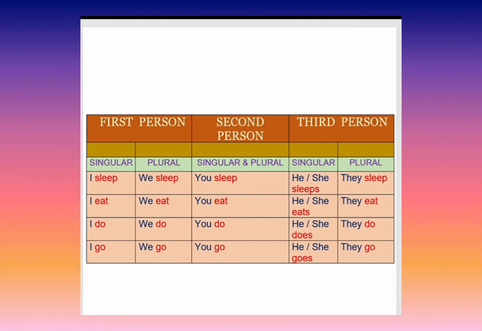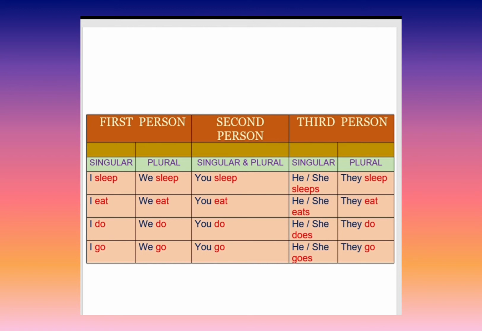With first person, I sleep, we sleep. Yes, singular and plural both will be sleep. And for second person, singular and plural, it will be you, and the verb is sleep. He sleeps, she sleeps, but for plural they sleep.